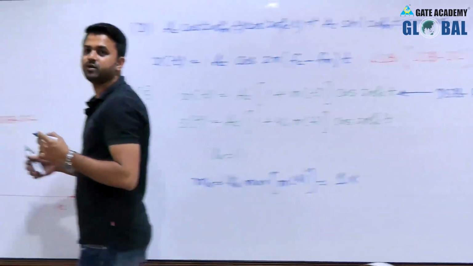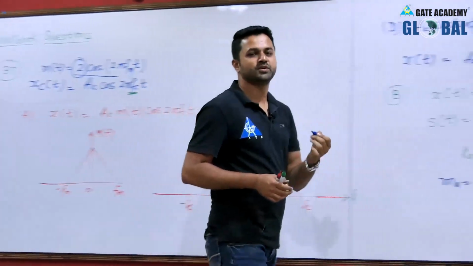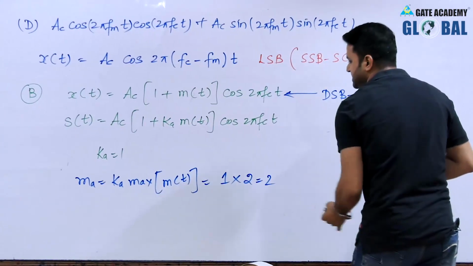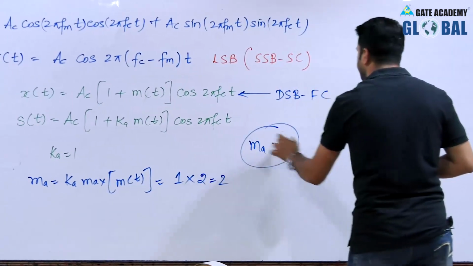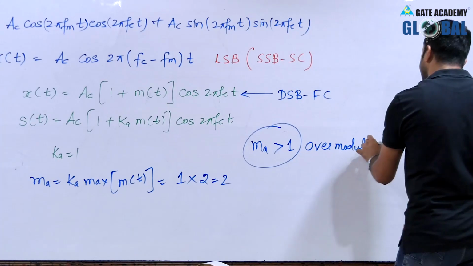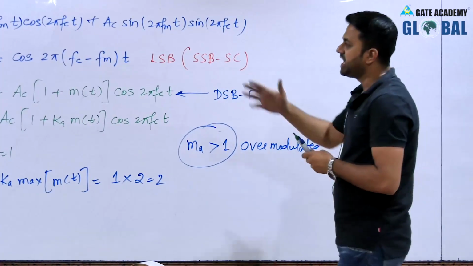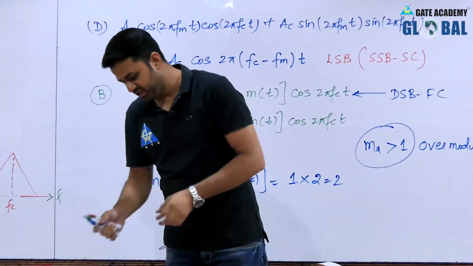You can see from here that the amplitude of this sine wave is 2. That means the modulation index is greater than 1, so this is overmodulated. So our correct answer should be option C, because A, B and D have been eliminated.